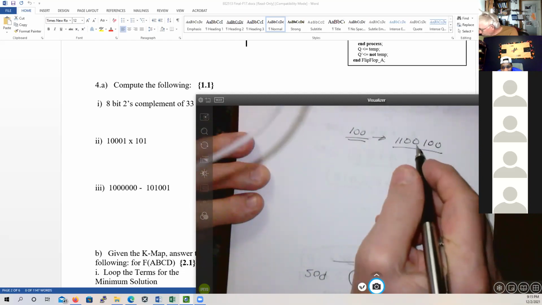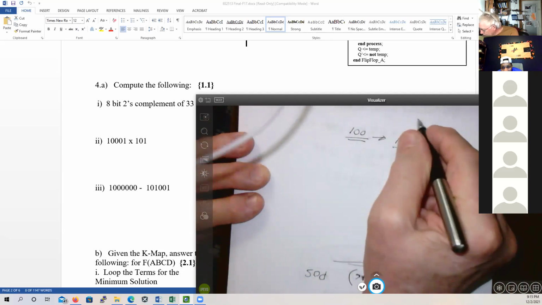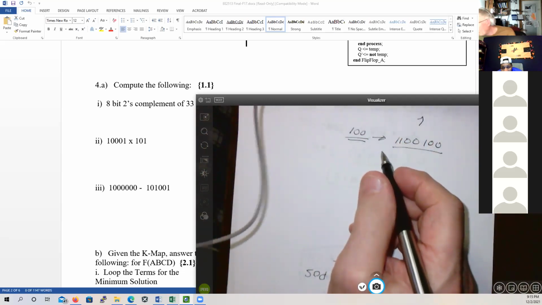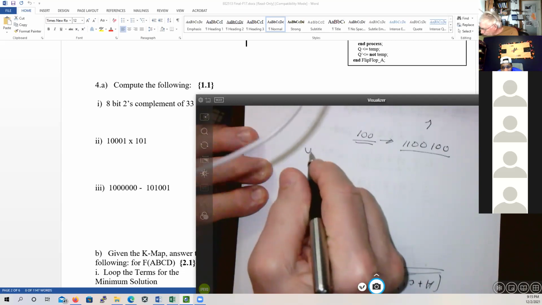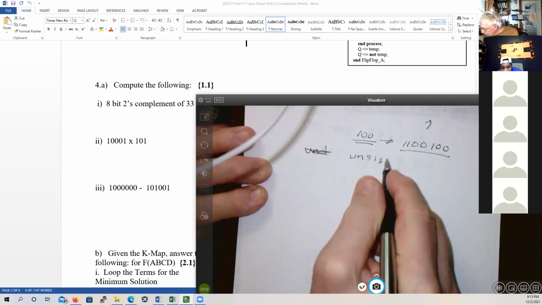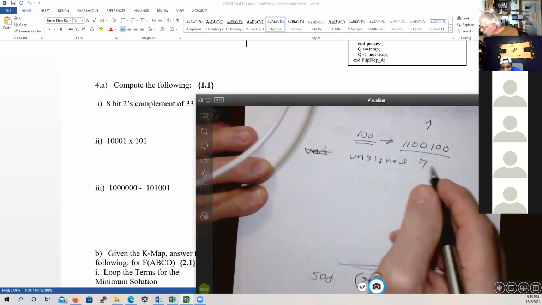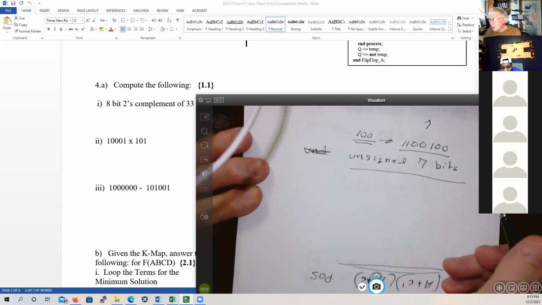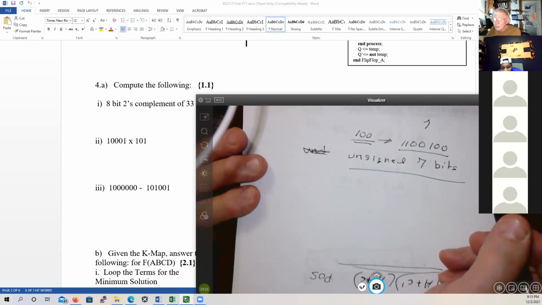So it's 1, 2, 3, 4, 5, 6, 7. It's 7 bits. Okay, what's the biggest? If we have unsigned 7 bits, what's the biggest number we can hold in an unsigned 7-bit variable?